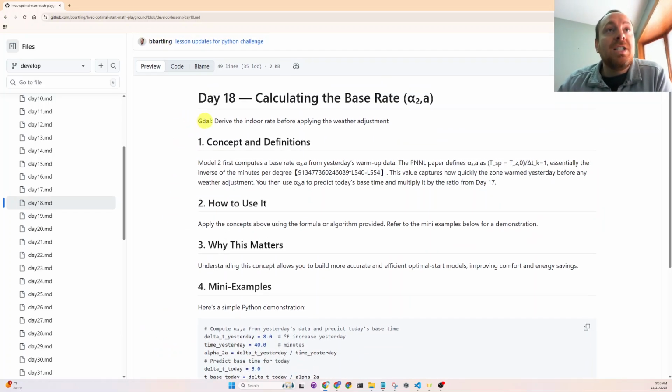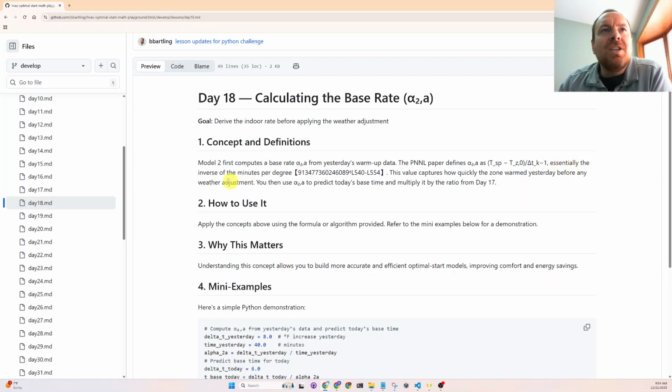So let's get day 18 out of the way, and maybe we can go a little bit further, depending on time. The goal is to derive the indoor rate before applying the weather adjustment. Model 2 first computes a large base alpha 2 parameter from yesterday's warm-up data. The PNNL paper defines alpha 2 as the temperature set point minus the zone temperature minus the delta temperature minus 1.